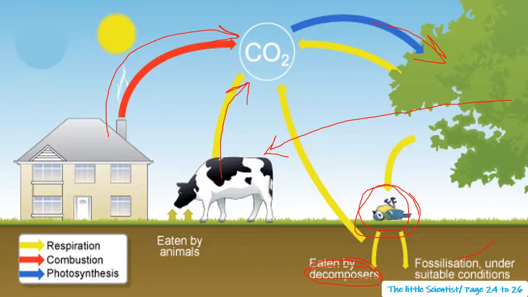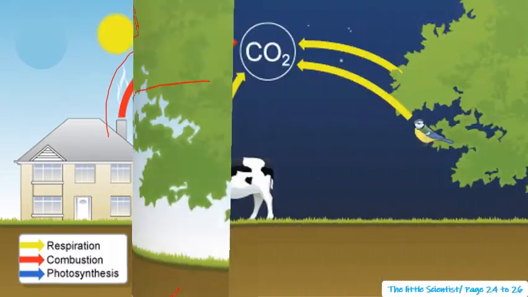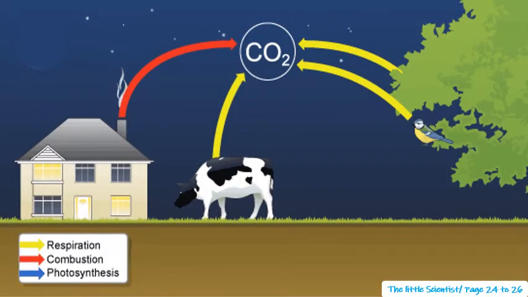Now, what happens at night? At night, there is no sunlight energy. Plants aren't going through the food making process. They aren't taking CO2 from the atmosphere. They are breathing. They take oxygen. They release carbon dioxide.